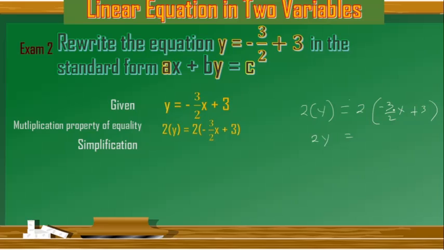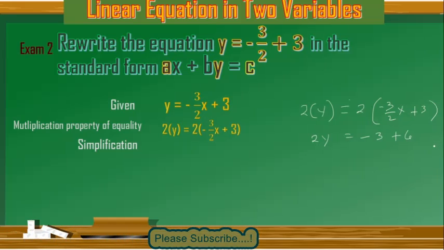Then this one is 6 over 2, that is negative 3. Then this one is positive 6. Okay.